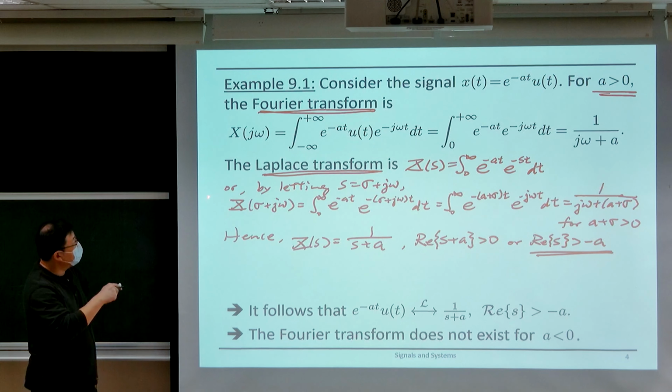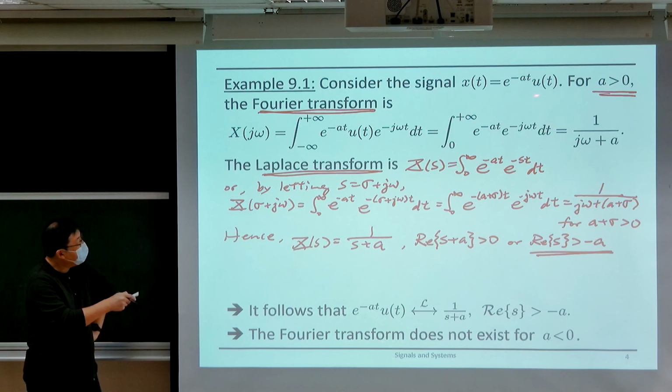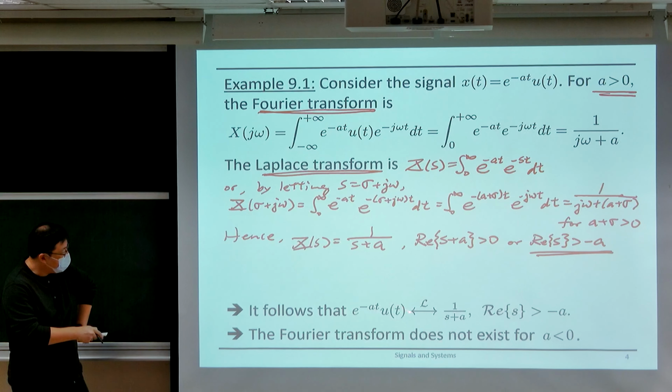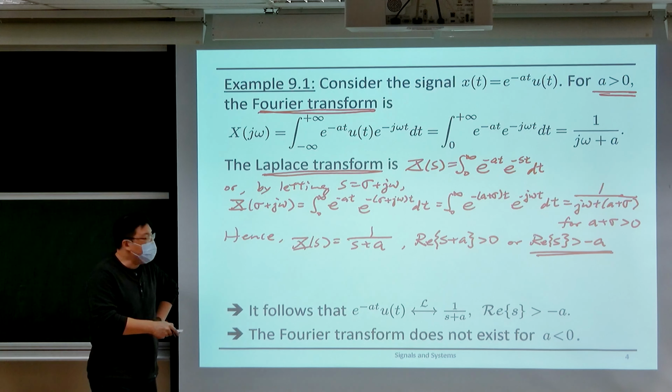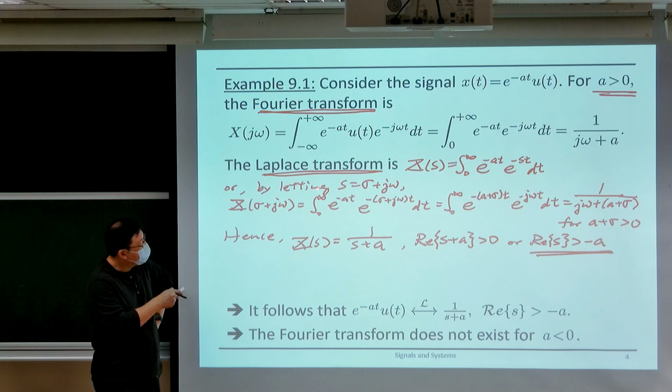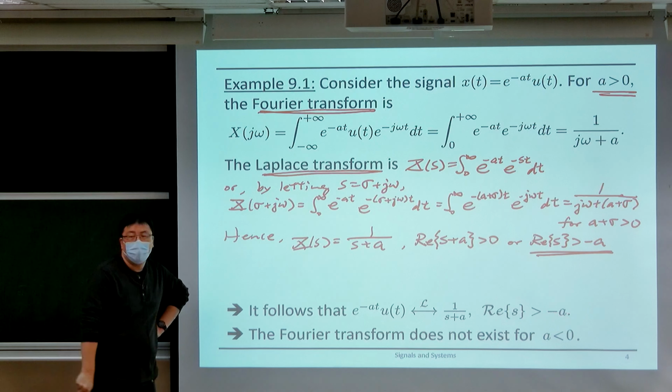So in conclusion, this signal, e to the minus at times u of t, has a Laplace transform that is 1 over s plus a. But other than this, you must also specify when this integration exists. And this exists when the real part of s is greater than minus a.